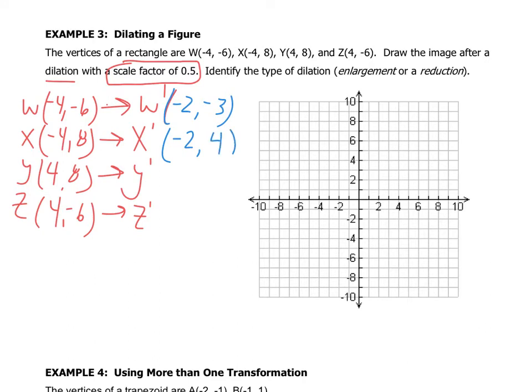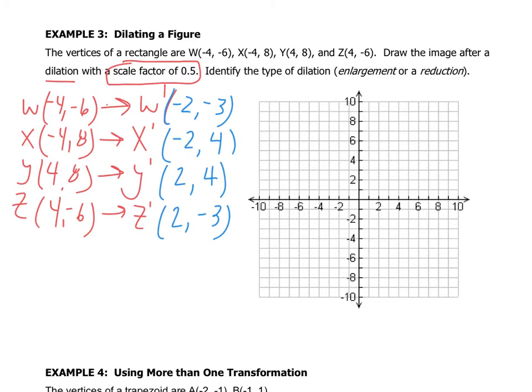Going on to y and y prime. 4 times 1/2 is 2. 8 times 1/2 is 4. And on to z. 4 times 1/2 is 2. -6 times 1/2 is -3. So just multiplying every single x and every single y gives me my new prime locations.